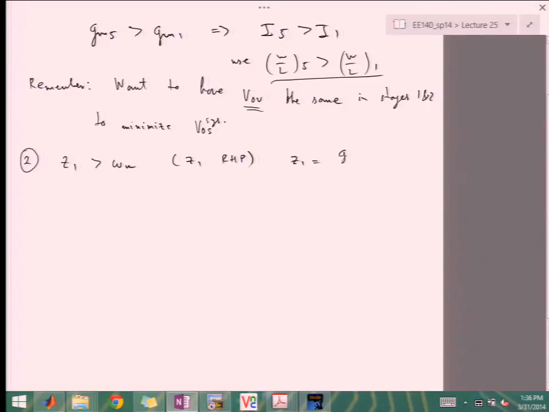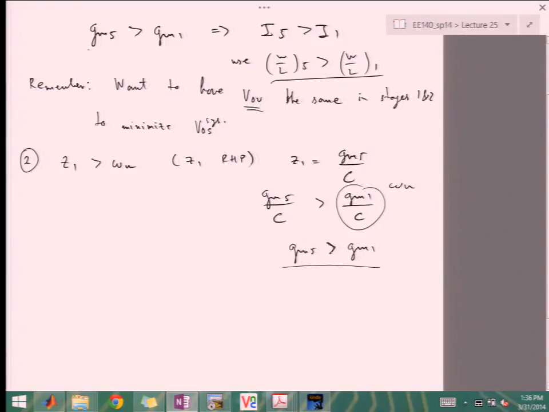Reminder, Z1 is GM5 over C. So here you have that GM5 over C is greater than GM1 over C. This is omega unity. So again, you get this condition that GM5 is greater than GM1.